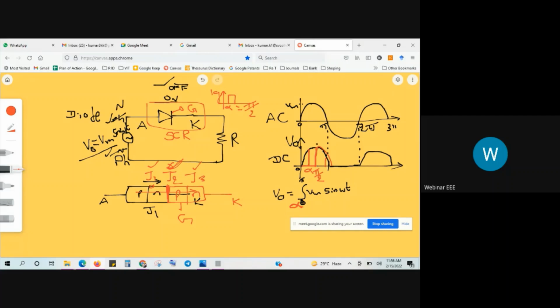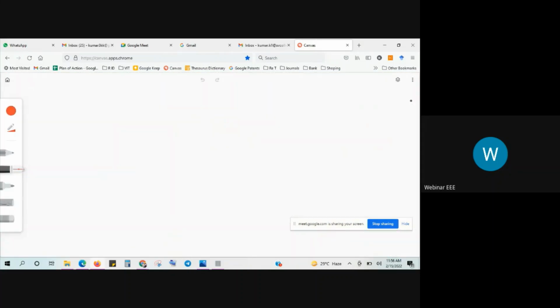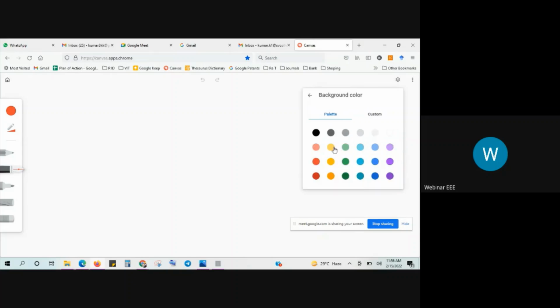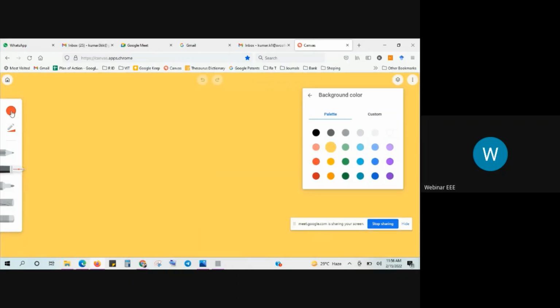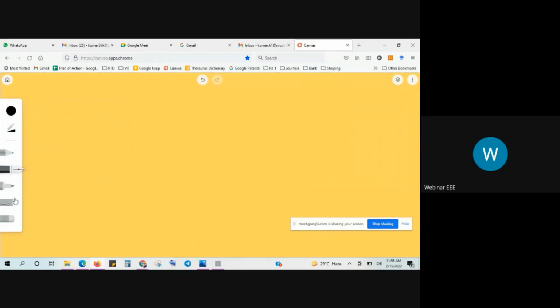In order to make it a full wave rectifier, we will arrange the circuit in such a way that the source, one more figure, in order to control both positive off and negative off, my source will be the same, my load will be the same, R load.